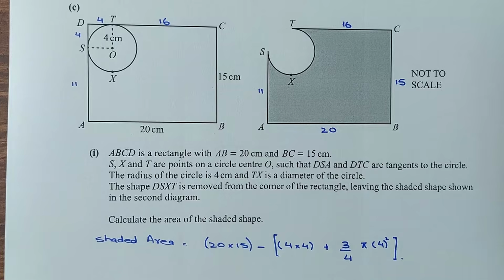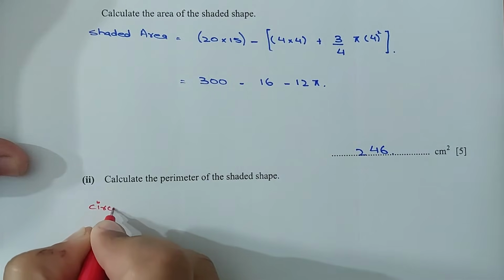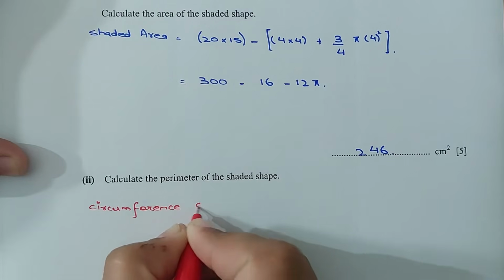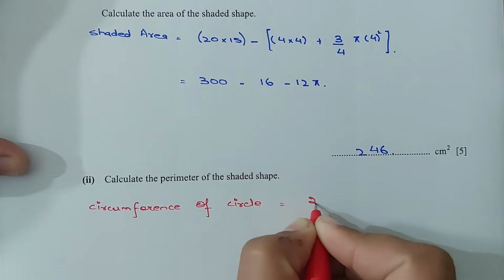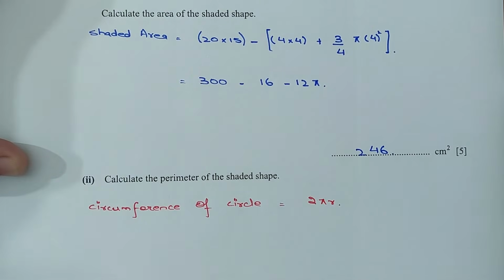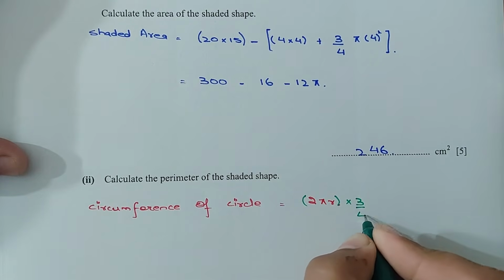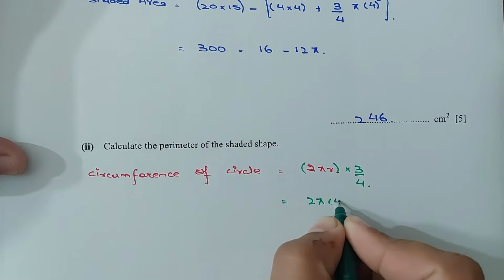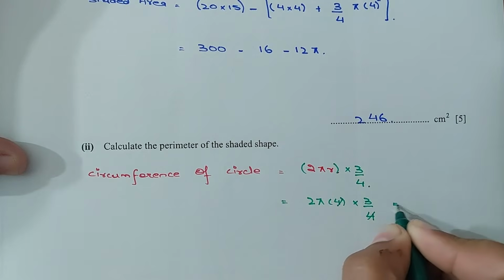This is 3/4 of the circumference of a circle. The circumference of a circle is 2 pi r, so we find 3/4 of it, and the radius given is 4. So 2 pi 4 times 3/4. The 4 cancels with 4, so this would be 6 pi.